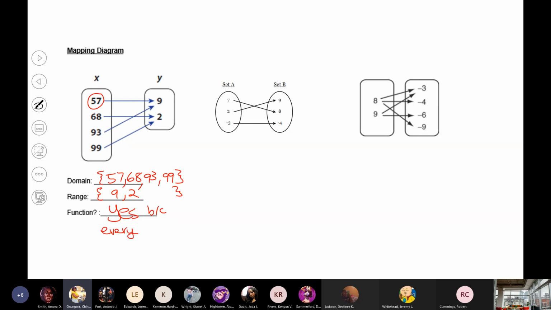Because all elements of the domain of X map to only one element in Y, my range.